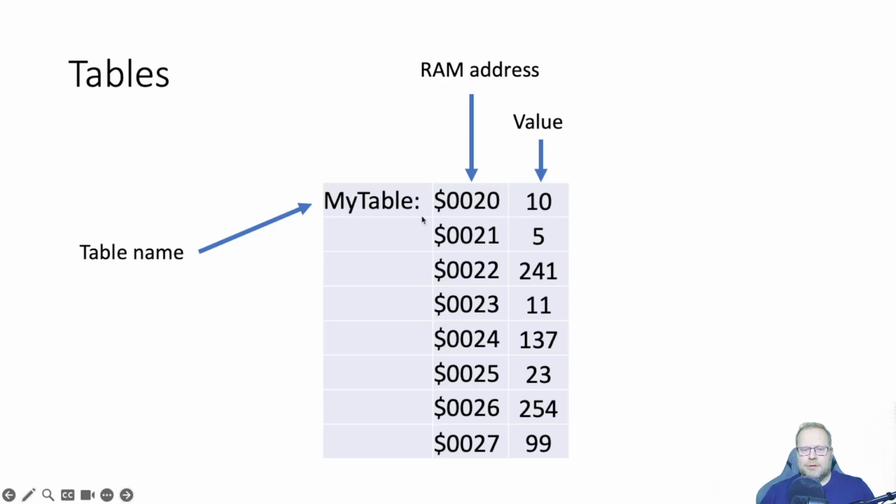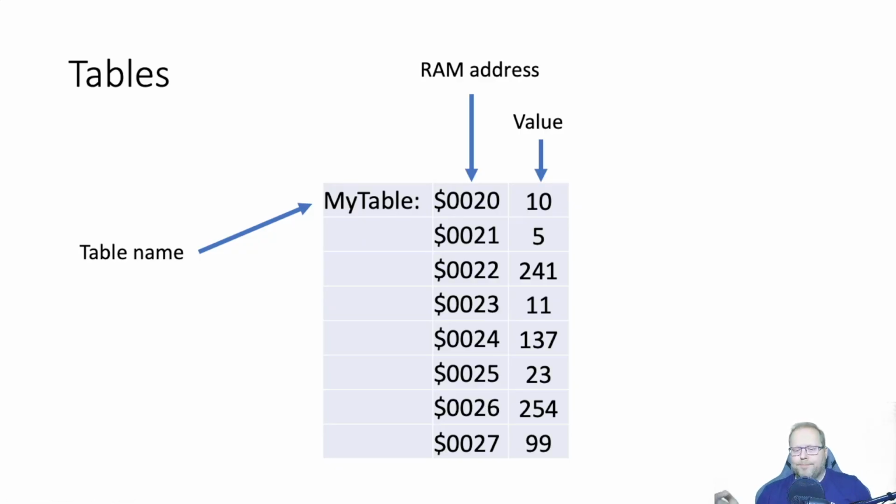So if I cut off the lines below here, this would just be a variable. But I decided, no, I need a table right now. I need a table with 1, 2, 3, 4, 5, 6, 7, 8 entries. I need a table with 8 entries right now.